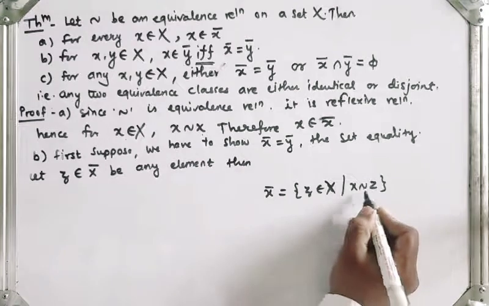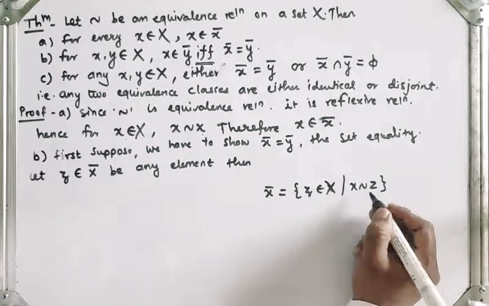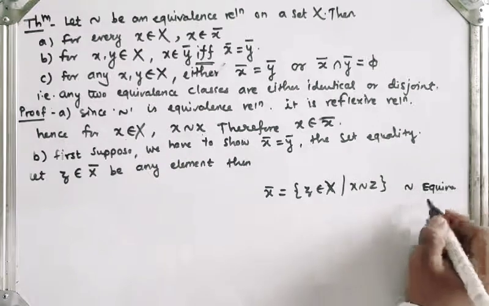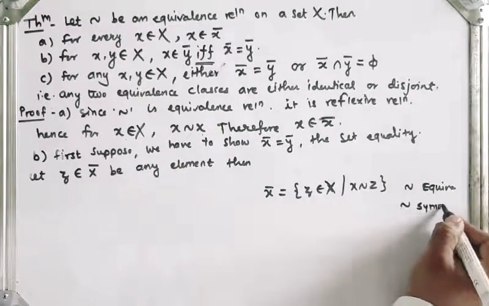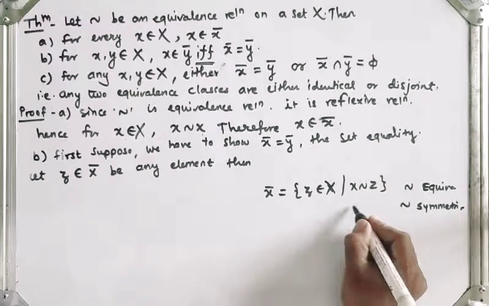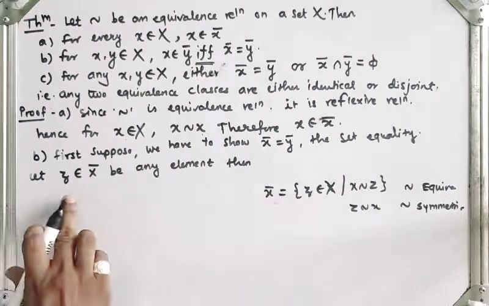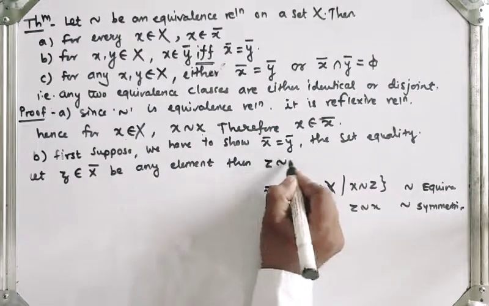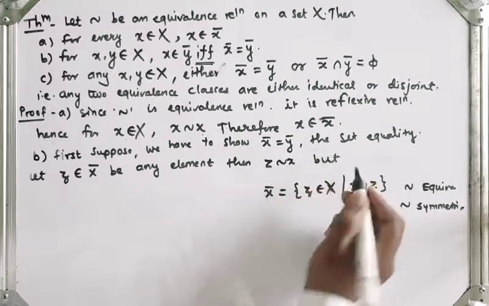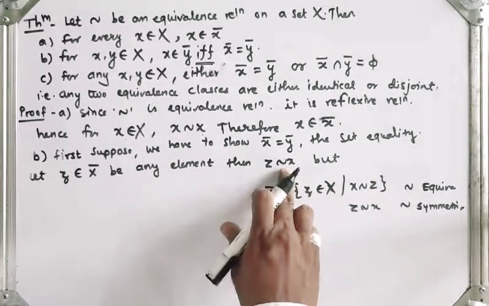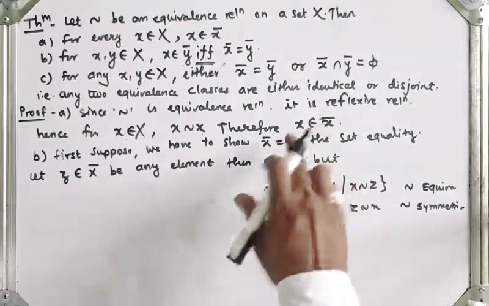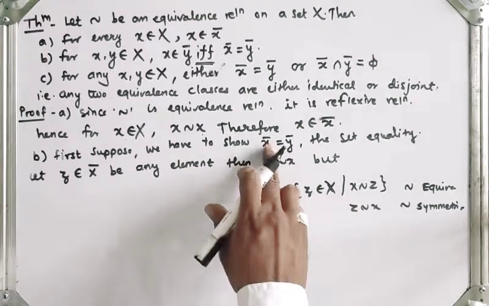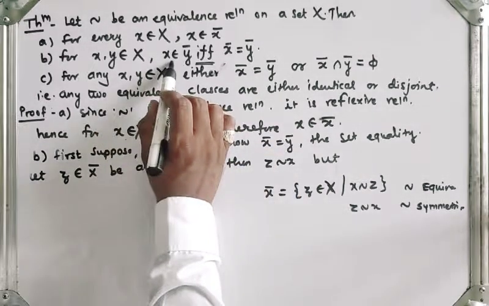So z belongs to x bar, be any element. Then what do we get here? x is related to z, x is equivalent to z, and tilde is an equivalence relation. Tilde is an equivalence relation means tilde must be what? Symmetric, right? Tilde symmetric means I will write z equivalent to x. But what have we been given here? We have been given x belongs to y bar.